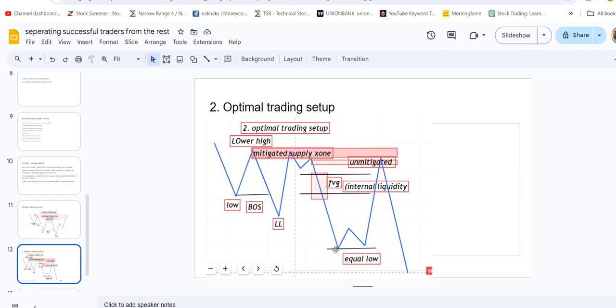So this scenario, you need to get this setup. And then the market rallies to this unmitigated order block, and then it gets sold off.